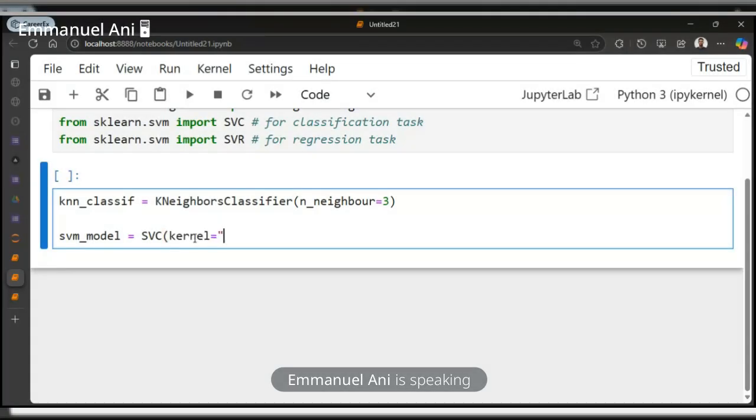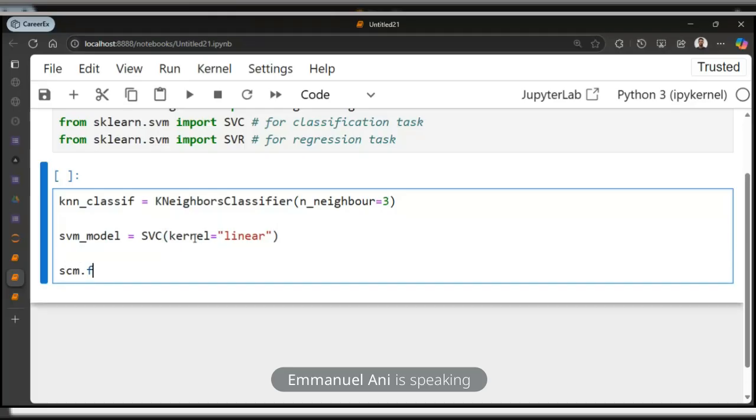If you want to use a linear kernel, you can just put linear here, and then say svm_model.fit, and then you have X_train and y_train, the same way we've been doing so far. It's the same thing for all of the models we're going to look at. So once you define the hyperparameters, you can now move on to training your data.